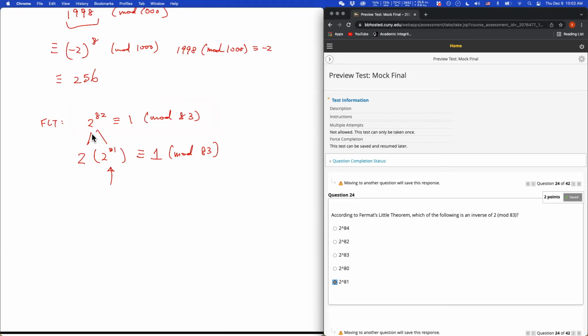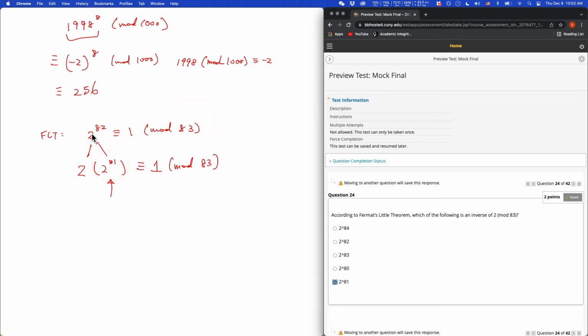Now you want to find the inverse of 2. Inverse of 2 means 2 times its inverse will be congruent to 1 mod 83. Now how do you find the number? Well, since you already know 2 to the 82 is congruent to 1 mod 83, if you break it down, 2 times 2 to the 81 gives you 2 to the 82, which is congruent to 1 mod 83.